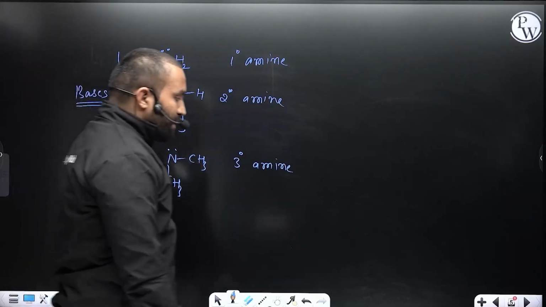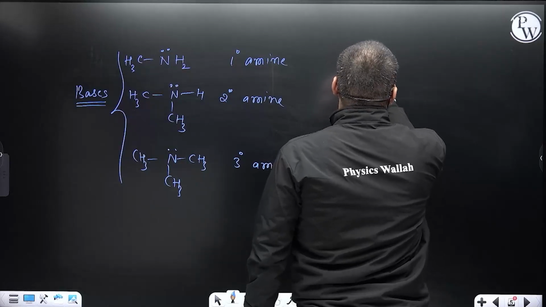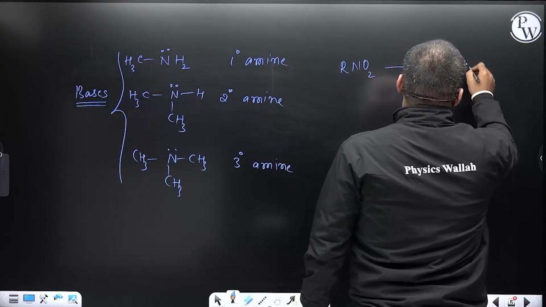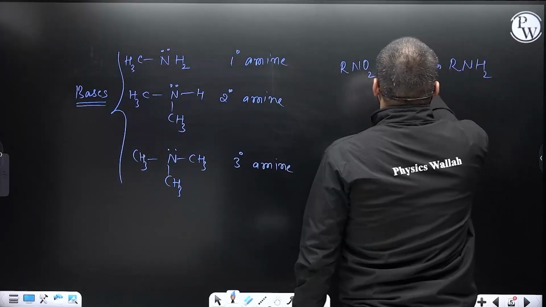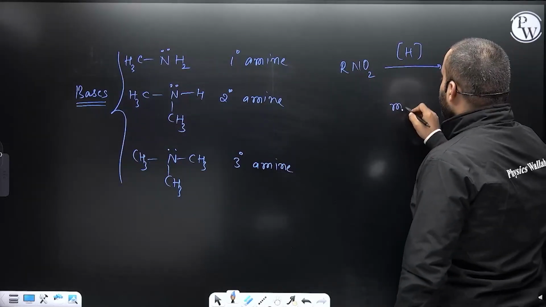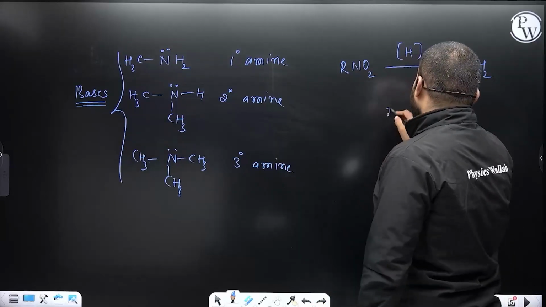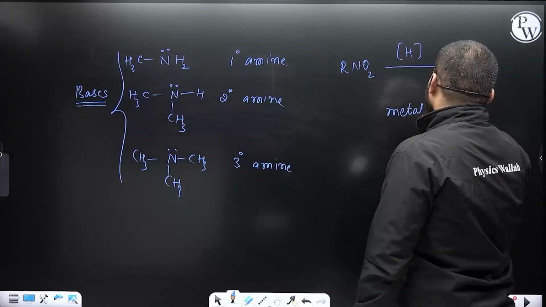What were we discussing? We were discussing how to convert RNO2 to RNH2. Very simple, guys. We need nascent hydrogen here. The source of nascent hydrogen will be upon reacting a metal with acid.